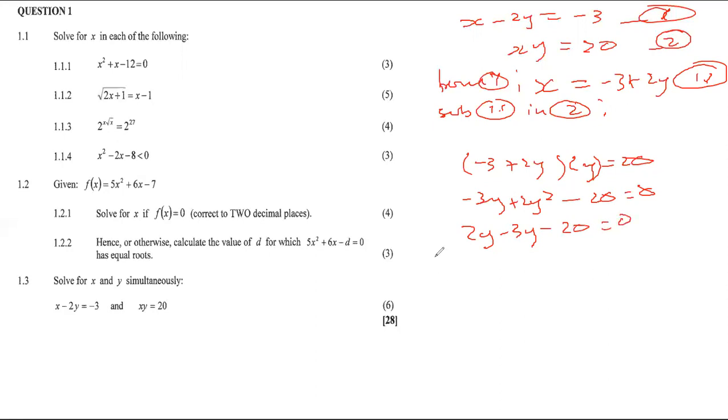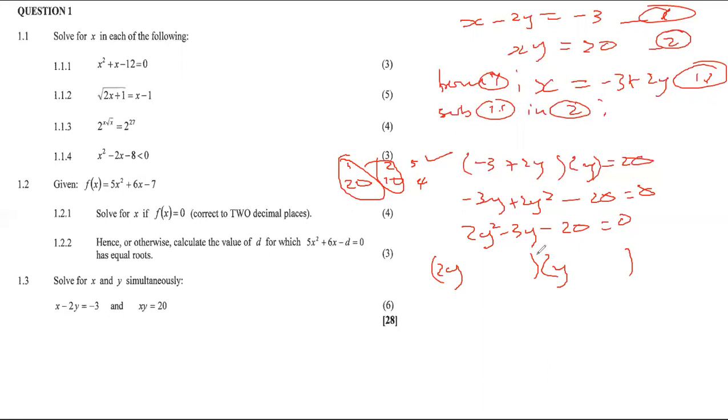But if you do know your factorization, you can see that this thing here is going to be 2y into y. From the factors of 20, we have 1 and 20, we have 2 and 10, we have 5 and 4. You would have tested and seen that 1 and 20 is out, 2 and 10 is out, and the best option is 5 and 4.